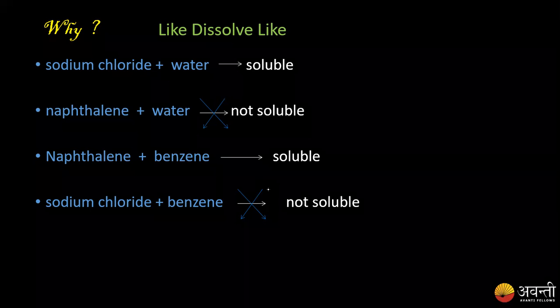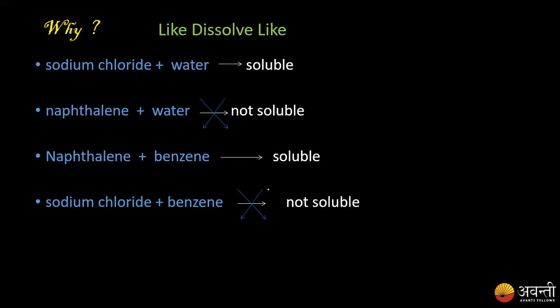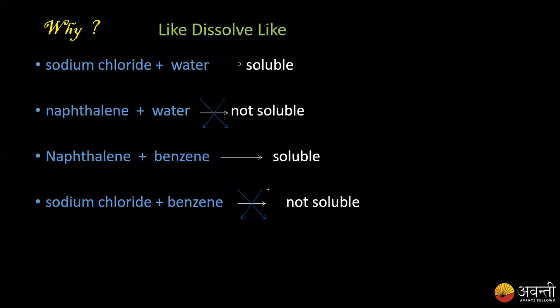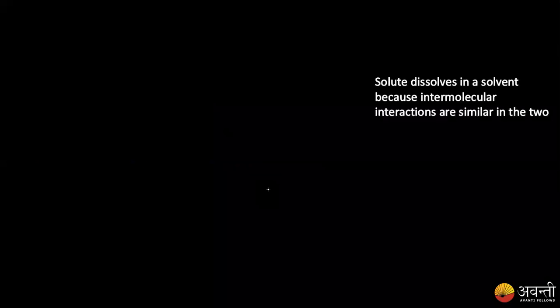But polar will not be soluble in a non-polar solvent, and a non-polar solute will not be soluble in a polar solvent. Clear? So the solute dissolves in the solvent because the intermolecular interactions are similar in both solute and solvent.